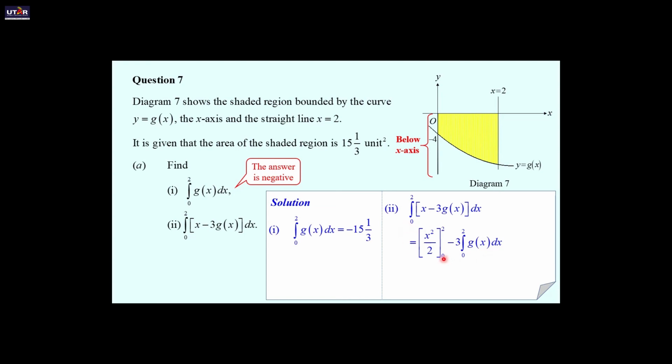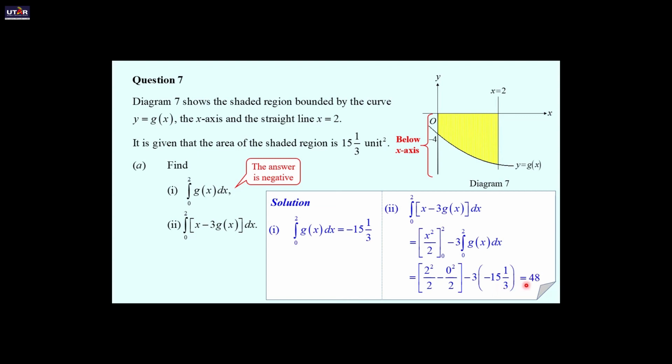By substituting the lower limit and upper limit and finding their difference, we obtain 2 squared over 2 minus 0, minus 3 times the integral of g(x) from 0 to 2, which we already obtained in part 1, negative 15 and 1/3. Therefore, this will give you the answer 48.